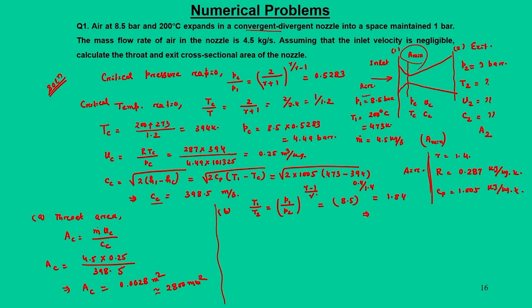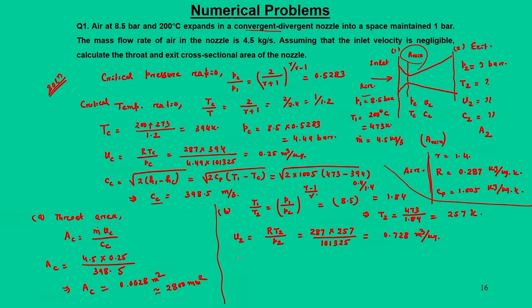So, this will give you T2 as 473 divided by 1.84, T2 is equal to 257 Kelvin. Then we can find V2, that is equal to R T2 by P2, that is 287 into 257 divided by P2. P2 is 1 bar, 101325. So, this is 0.728 meter cube per kg.